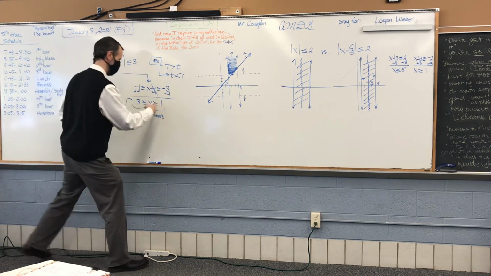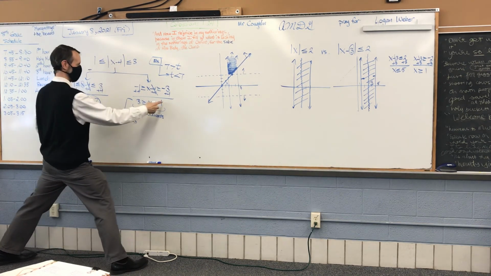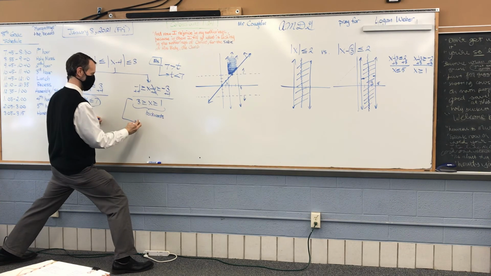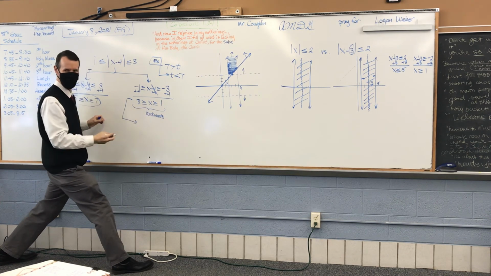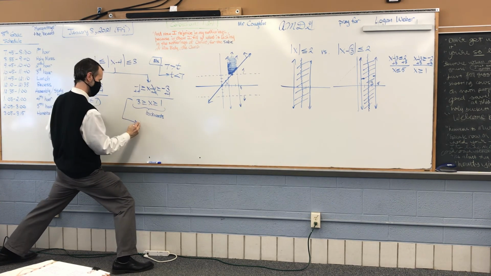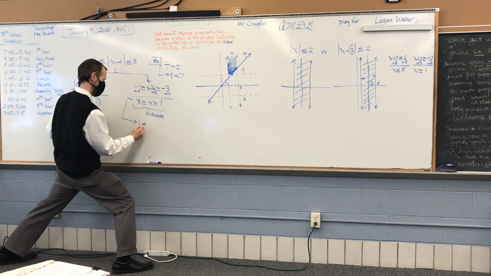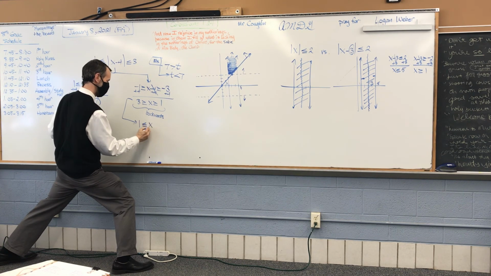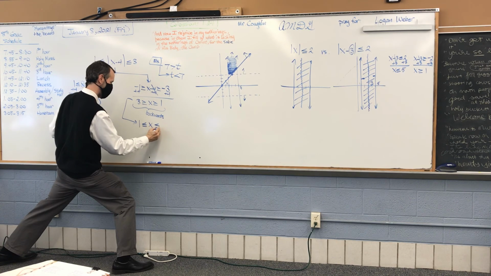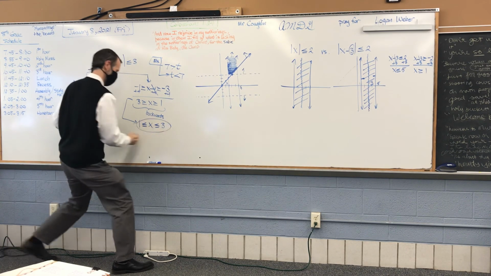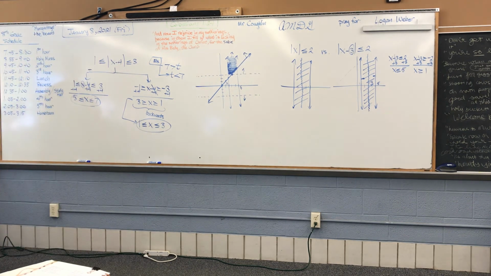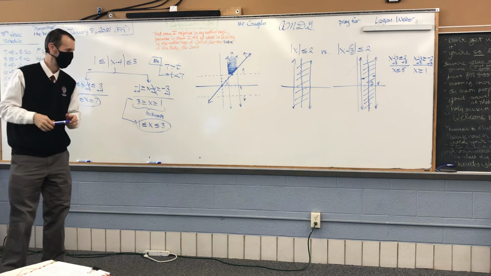So, what do you get? Do a mirror image from right to left. Anyway, 1 is less than or equal to x, is less than or equal to 3. Got it. Mazel tov. Congratulations, in Yiddish.